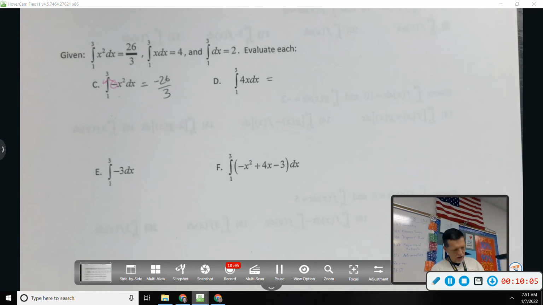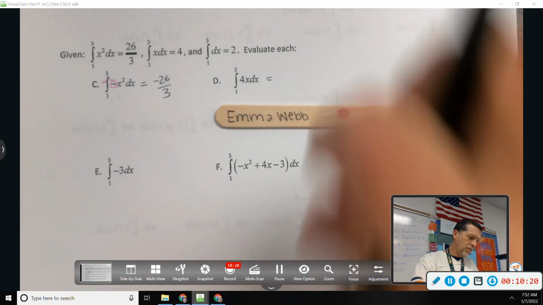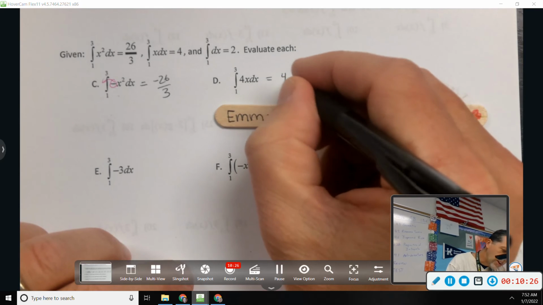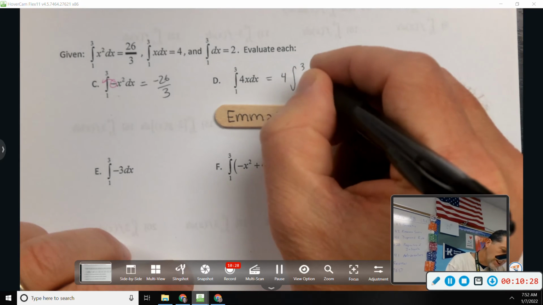For part D. Let's pick on some people. Don't do that often enough. Some people talk a lot and others don't. Emma, what do you think for D? Good, you can move the 4 out front. You're even showing your work here.